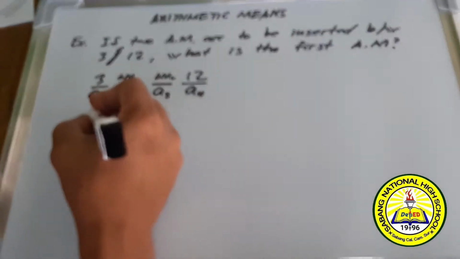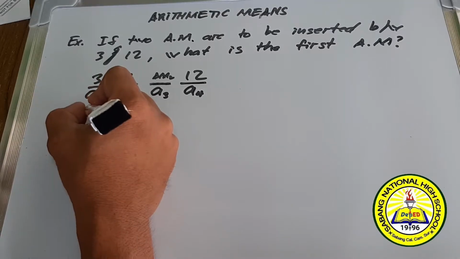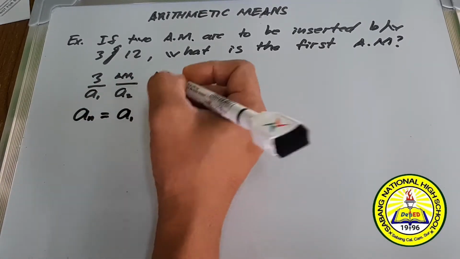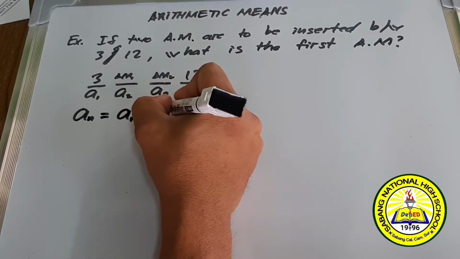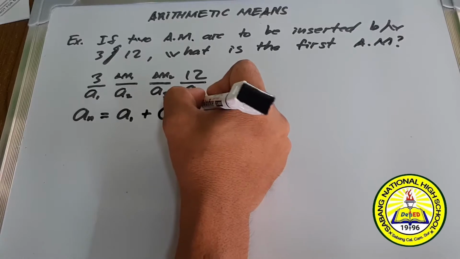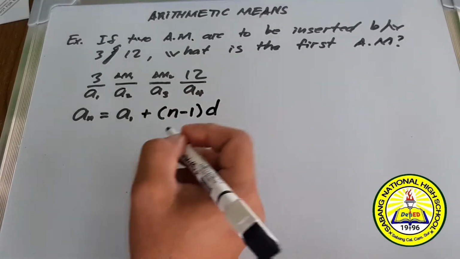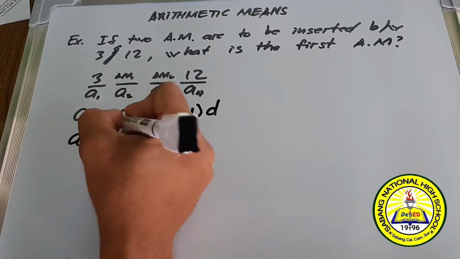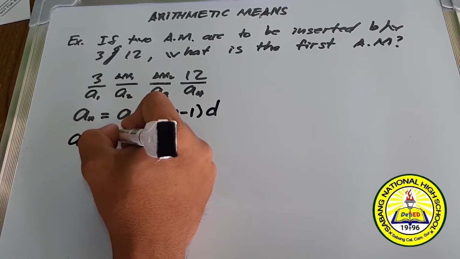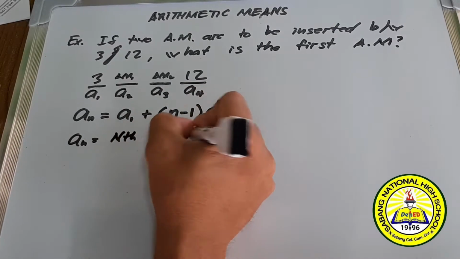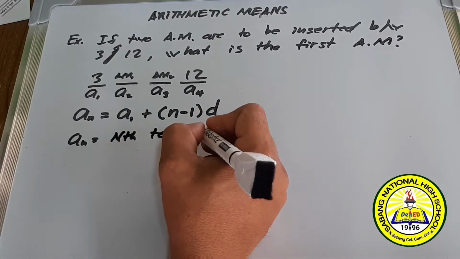Again, the formula for an arithmetic sequence is A sub n is equal to A sub 1 plus the quantity of n minus 1 times d, wherein A sub n is the nth term. Nth term refers to any number of term.